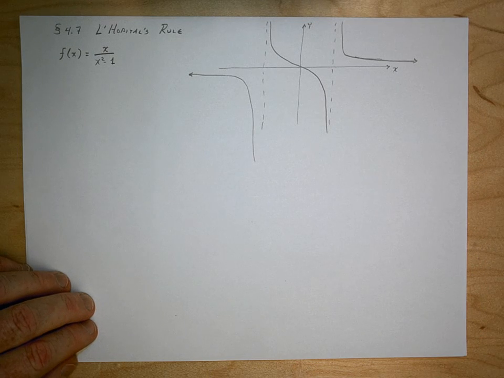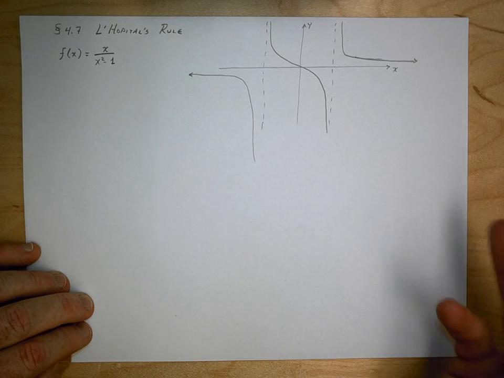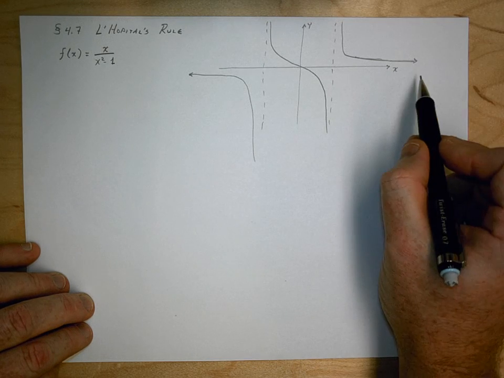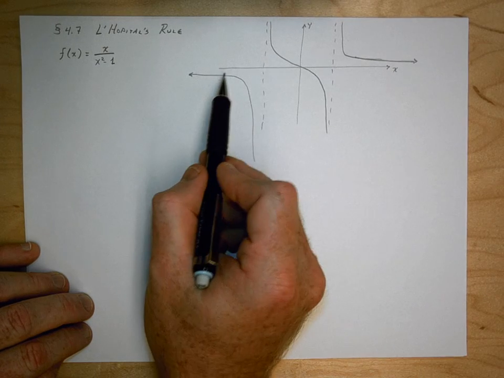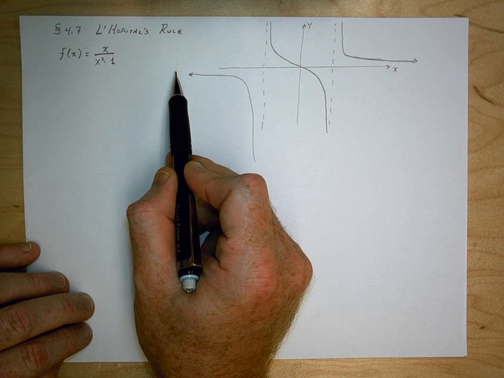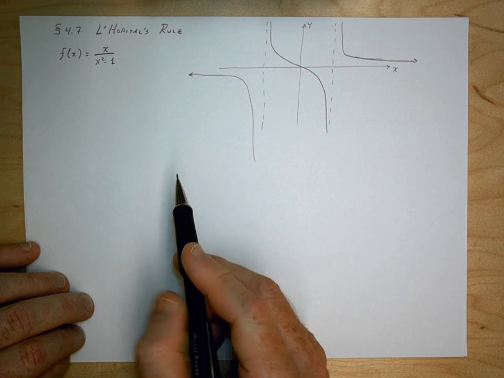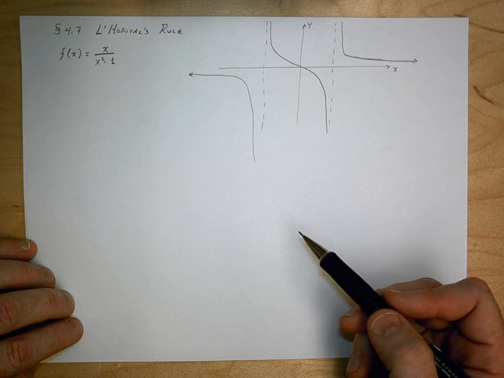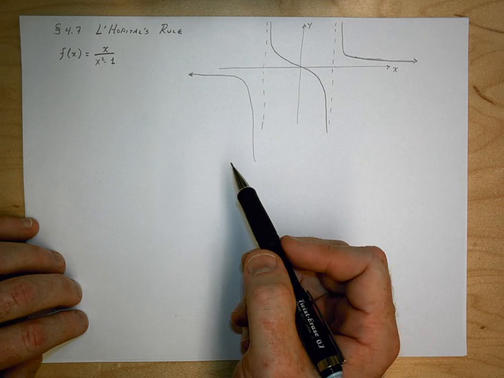Because what we're really talking about is what happens to this function as x values get very large as they head off towards infinity, and what happens when you go very small with x values as they head off to negative infinity. When we have discussions like that, really what we're talking about are horizontal asymptotes.